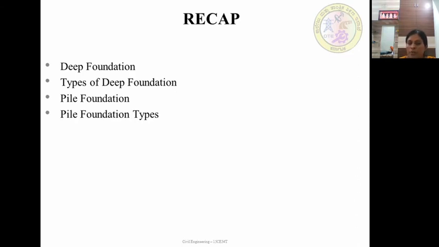So we have to provide an alternate pile, the friction pile. Here the load is resisted through friction developed between soil and the surface of the pile. Here piles are driven till the skin friction developed at the side of the pile is equal to the load coming on the pile.